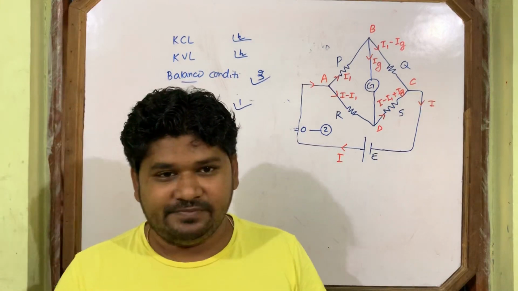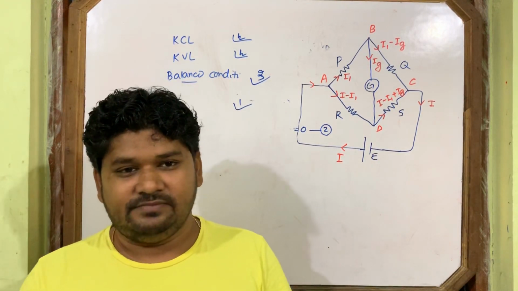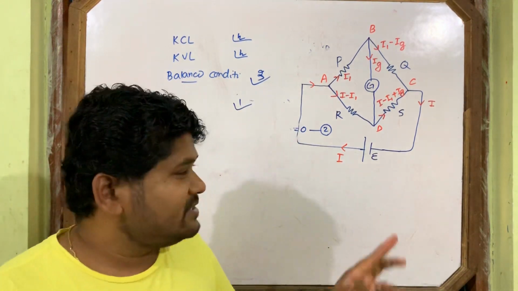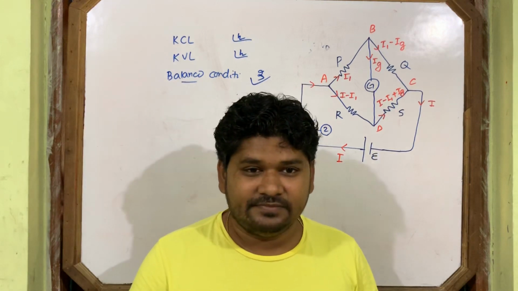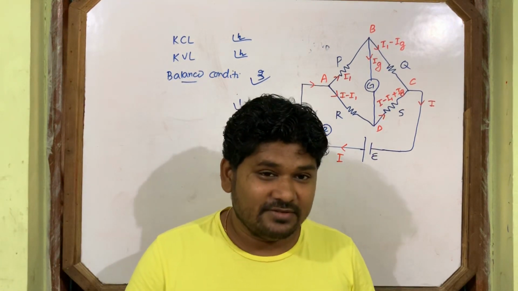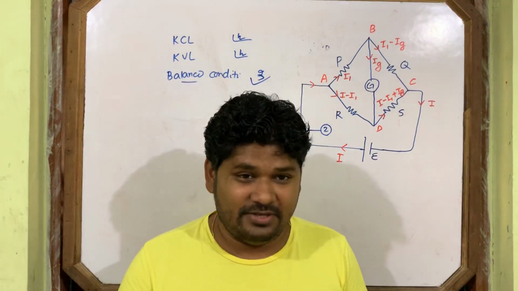This comes as a 1 mark question. Is there a change in the balanced condition if the cell and galvanometer are interchanged? What is the answer? You can pause the video here, think of the answer, then play the video again.